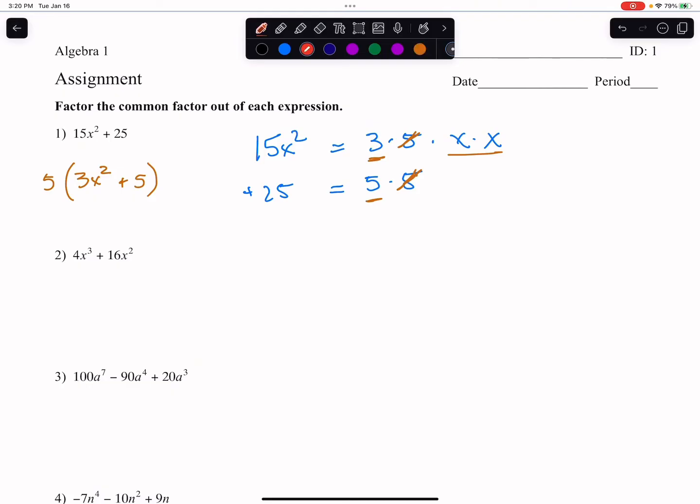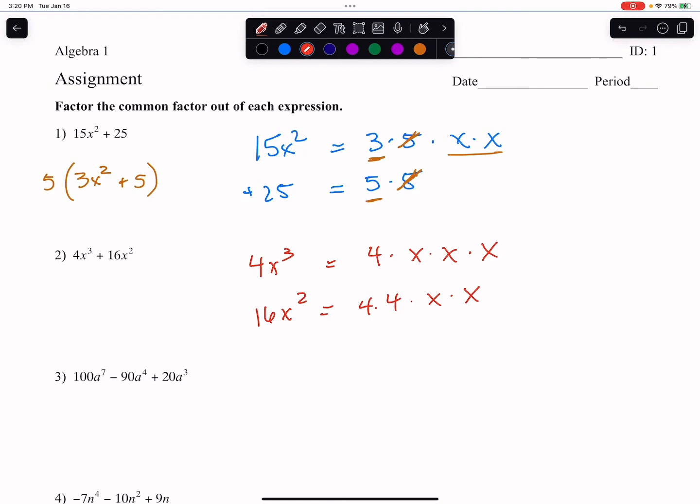Greatest common factor. 4x cubed and 16x squared. So 4x cubed really means 4 times x times x times x. And 16x squared is 4 times 4 times x times x.